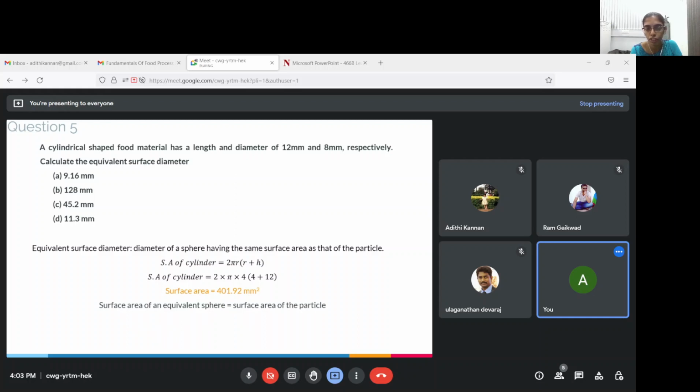Okay, so since the surface area of the sphere is equal to the surface area of the particle, for a sphere the surface area is pi d square. That we equated to the surface area of the cylinder that we just calculated. So from this you are getting d as 11.31 millimeter. The answer to this question is option D. I hope this is clear.